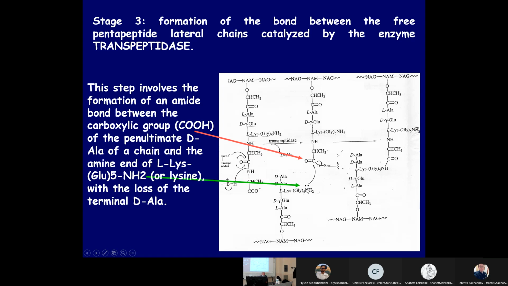And this basic nucleophile is not able to attack directly this carbonyl. Why? Because this carbonyl is not enough electrophilic. Why? Because this carbonyl belongs to an amide group. And you know that an amide group is not so electrophilic.